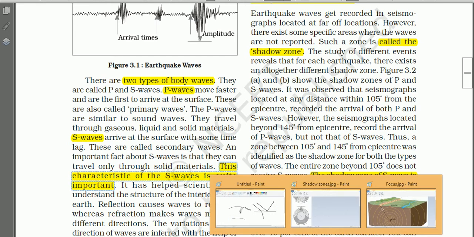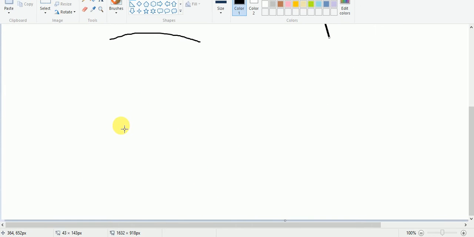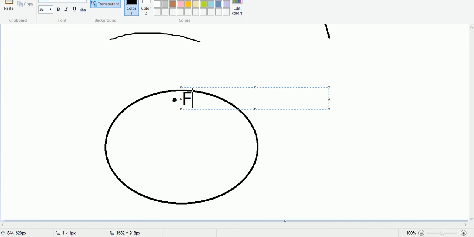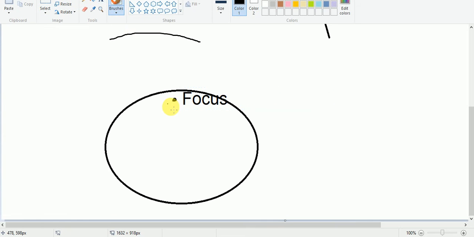Now let us see. Okay, see here. Let us say this is our Earth. And here, let us suppose an earthquake has occurred. Let us say this is the focus. And from the focus, let us say different types of earthquake waves are propagated.